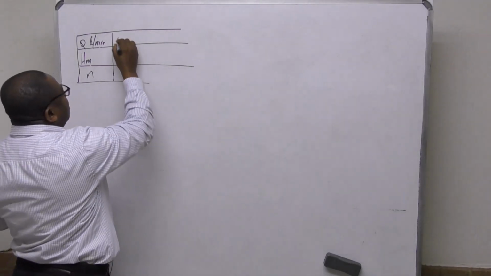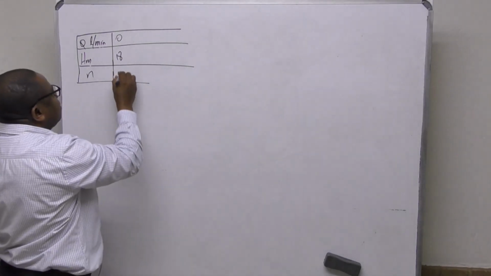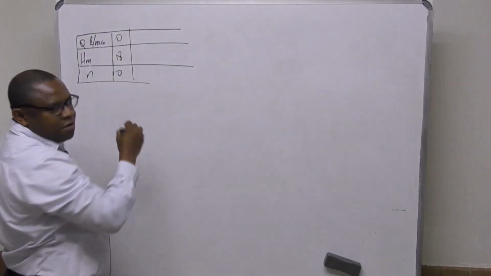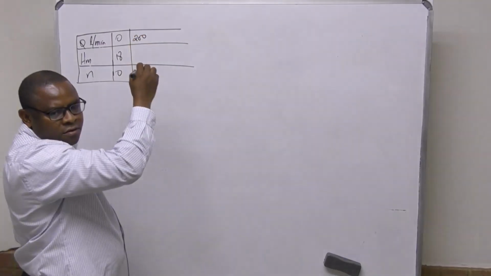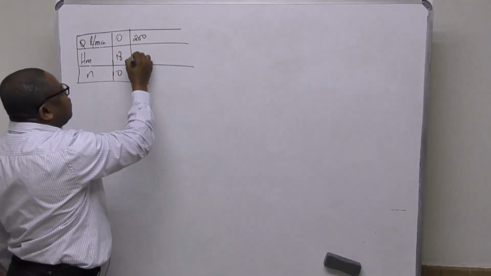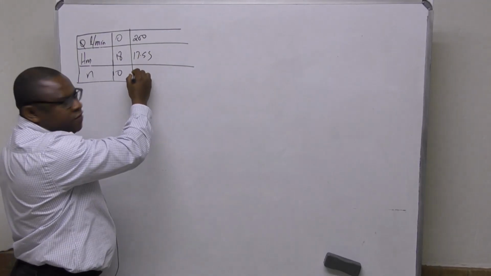We can plot that curve. 0 efficiency, and this is 200, this is 17.55, and this is 48.